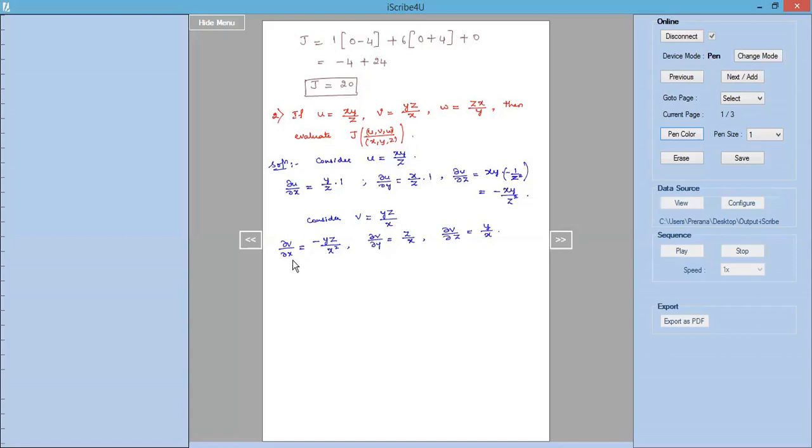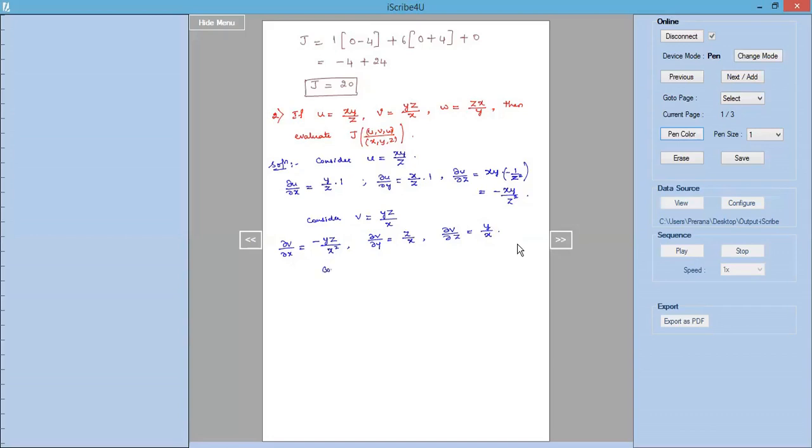With respect to x, when we want to differentiate partially, yz is a constant, we write it as it is. Differentiation of 1 by x is minus 1 by x square. With respect to y, when we want to differentiate, z by x is a constant. Differentiation of y with respect to y is 1. And with respect to z, when we want to differentiate, y by x is a constant. Differentiation of z in the numerator with respect to z is 1.